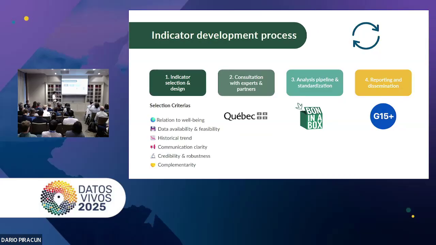First, the development process. There are many available indicators for biodiversity, as I'm sure you are all well aware of, so we defined a few selection criteria. First, we wanted to make sure that data is available and that it's feasible within the time we had for the project.